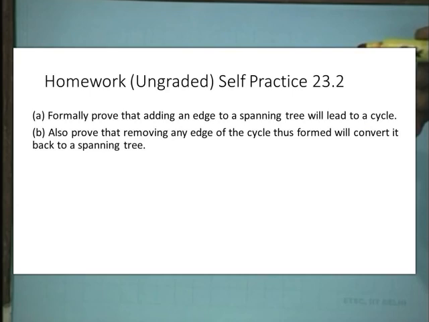That's part A. And secondly, once you have formed the cycle, show that removing any edge of the cycle thus formed will convert it back to a spanning tree. So again, this is a self-practice homework. Just try to formally write the proofs of these two statements. Again, a very simple assignment, and then you can go back to watching your flipped class.